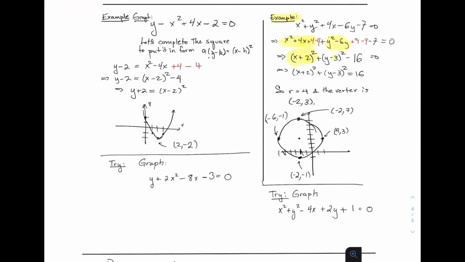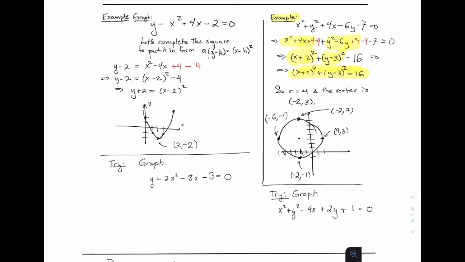We do the same thing for the y, identify the -3, add and subtract 9. Note that y squared minus 6y plus 9 is equal to y minus 3 squared. And finally, we add the -9 and the -7 to get -16. We'll add 16 to both sides to get this equation.